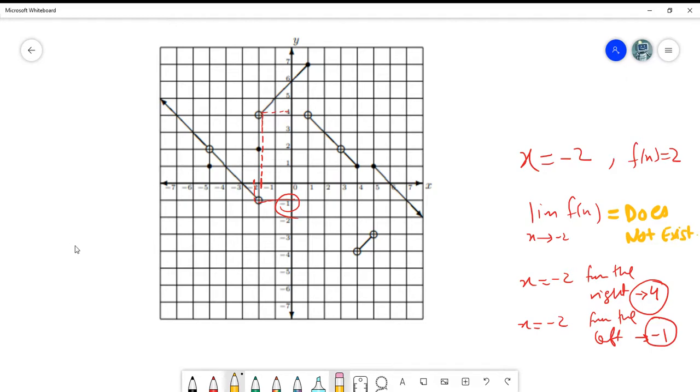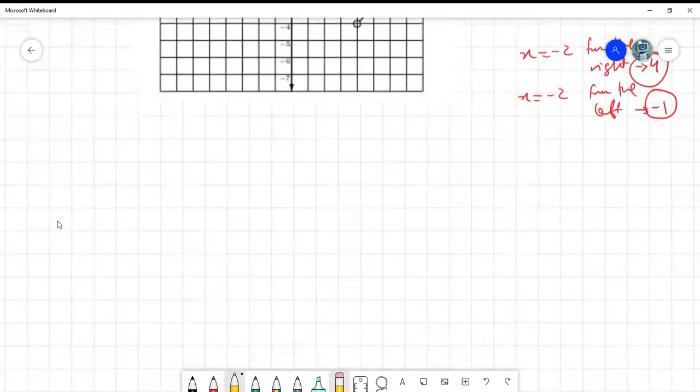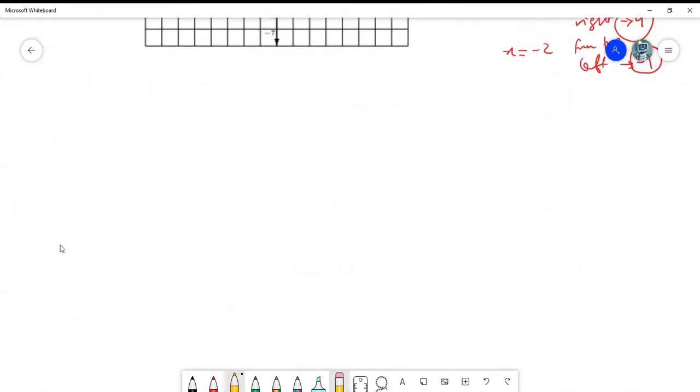Now, as stated at the start of the video, we'll also be looking at the algebraic interpretation of limits. So let's look at a few expressions of which we have to find the limit.